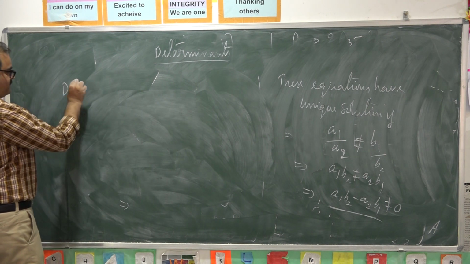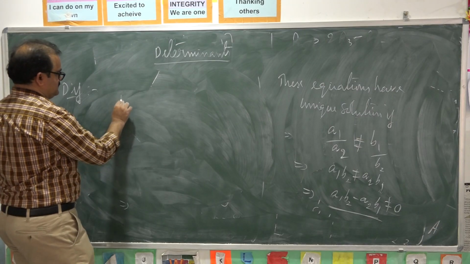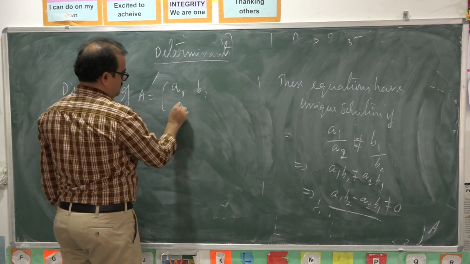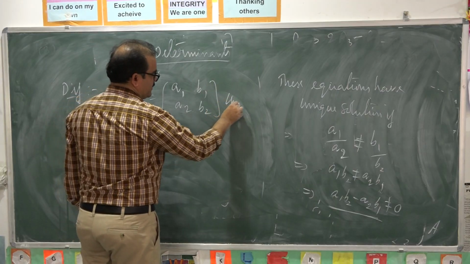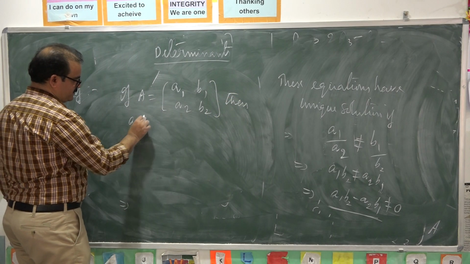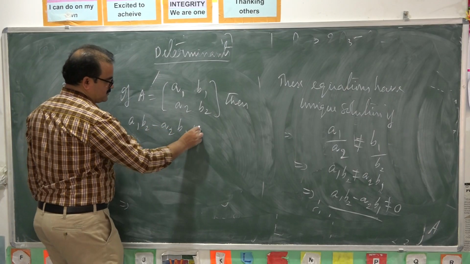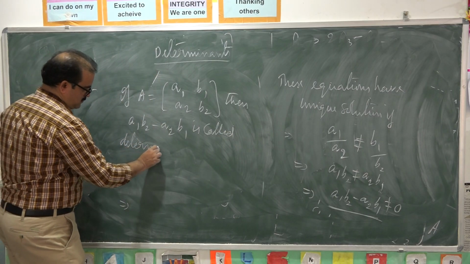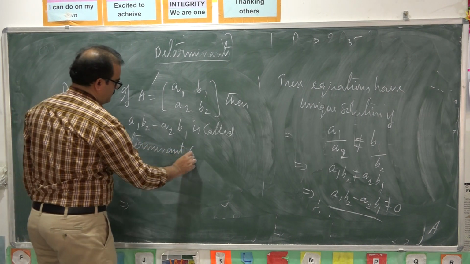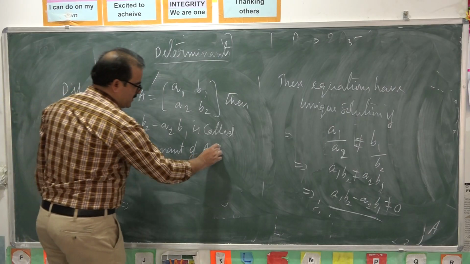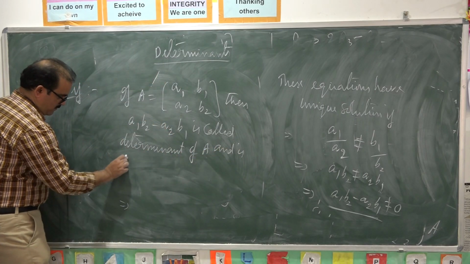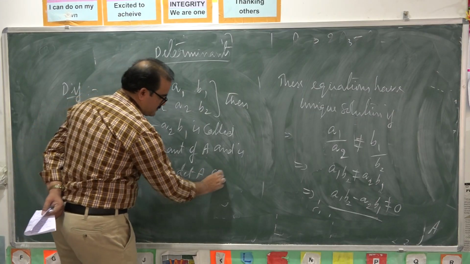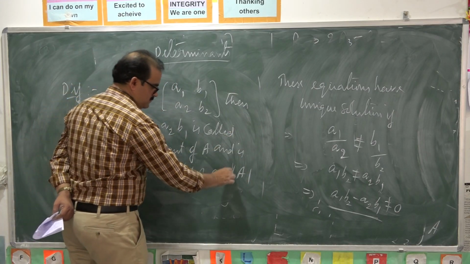Now you write the definition of a 2 by 2 determinant. If A is equal to this matrix, then that value a1 b2 minus a2 b1 is called the determinant of the matrix A, and it is denoted by det A or this.